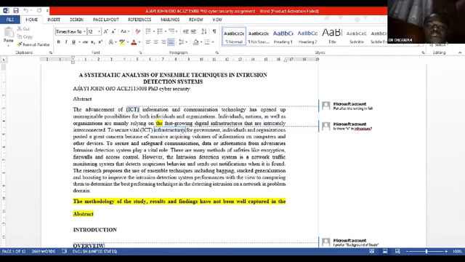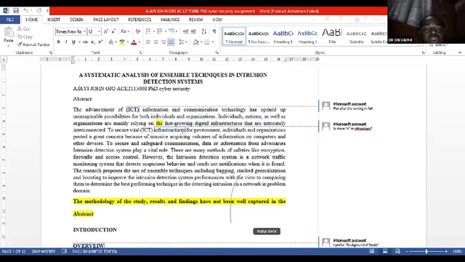Throughout this work, I could not find the methodology with which you are going to do the systematic analysis of assembled techniques in intrusion detection. There was also no information about your result or your findings. I want to believe that it is work in progress, that the work is not completed. However, even if it is work in progress, you need to let them know how the result you are going to get may possibly look.